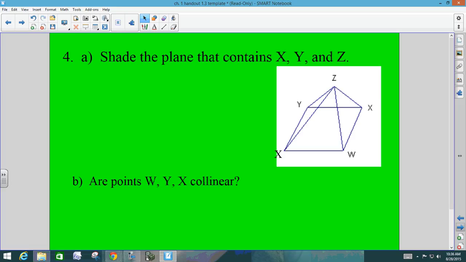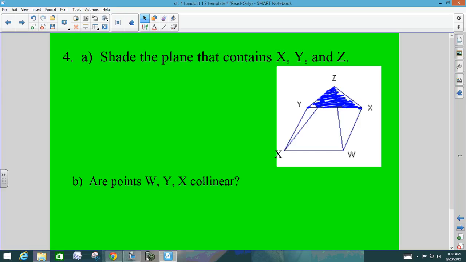Find that plane. Make sure you stay in the lines. Here's x, here's y, here's z. You shade everything on their plane. You should have shaded that back triangle there.